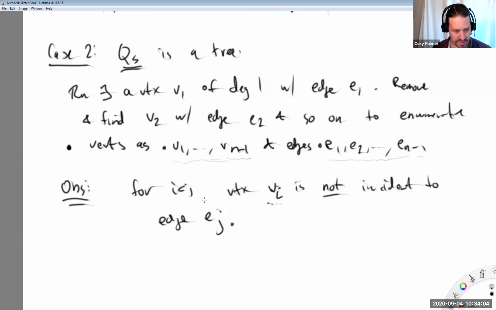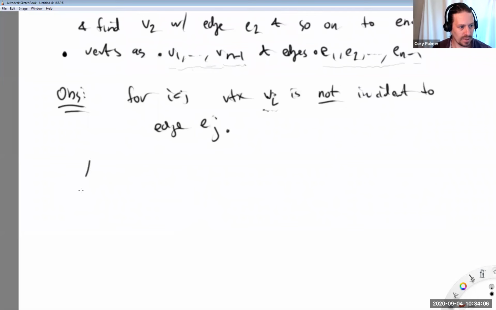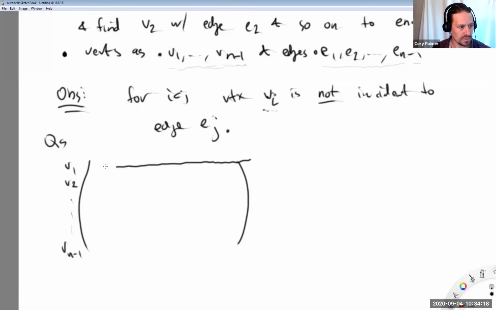So that observation says the following: now if I rewrite the matrix Q of S as follows, let's index it by v1, v2 up to vn minus 1. Sorry, there's no v1, but let's pretend it's there for a moment. I'll cross it out. This matrix is Q of S, and the edges here are e1 up to en minus 1. So it's an n minus 1 by n minus 1 matrix. Remember I talked about a renaming of the vertices, right?